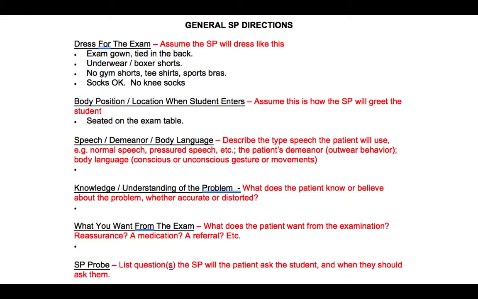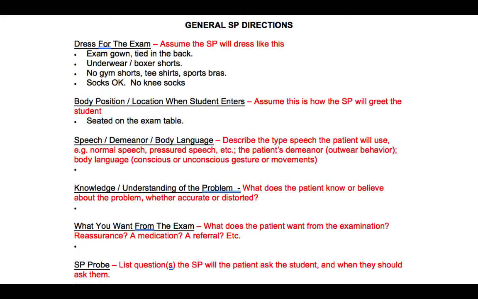You're going to be talking to them one-on-one, but imagine that they are in an exam gown and seated on an exam table when the exam starts, as they would be in a regular ambulatory care clinic. It's also possible, I suppose, that they could not be in a gown. They could be dressed. When I see my doctor, first I see him in his office fully clothed, and then we move to the exam room, and then I put the exam gown on. So you could play with that a little bit.